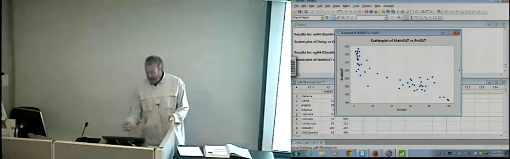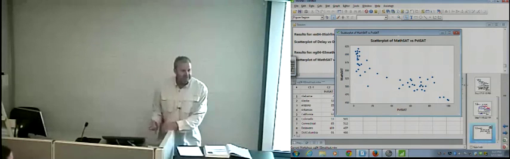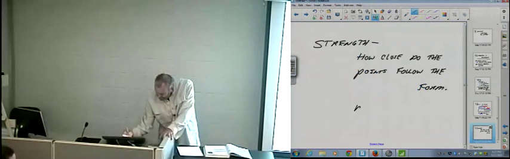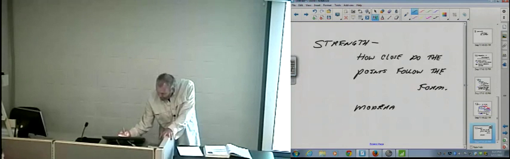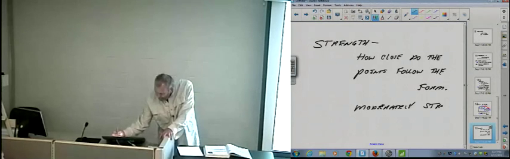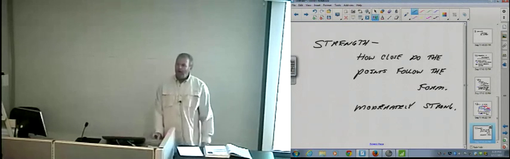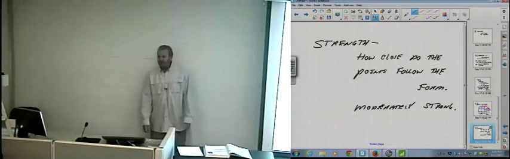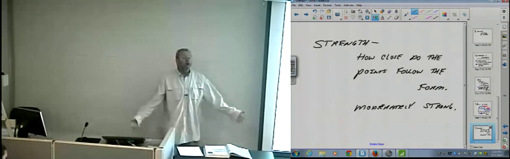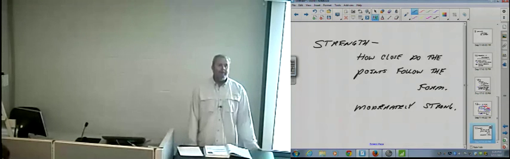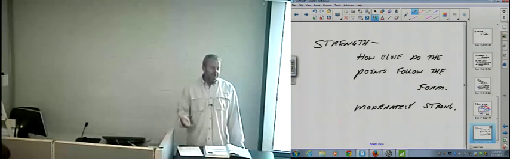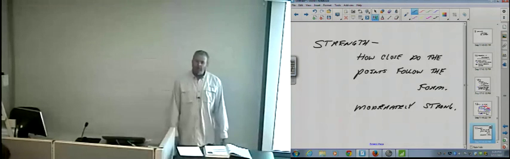So when I have to hedge my bets in this class, I'll throw the word moderately out there at you. Oh, it's moderately strong. Can we see the clusters? Yeah. Can we see the line with the curve? Yeah. I'm going for moderately strong.